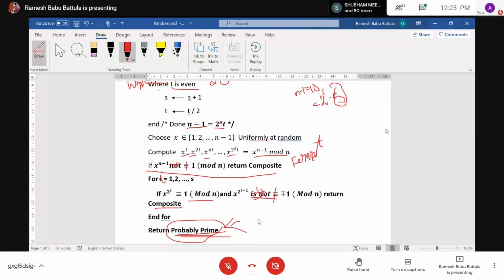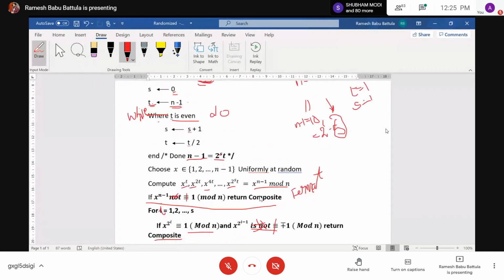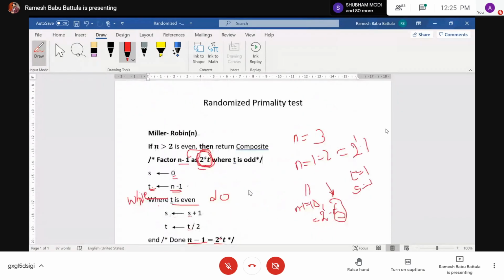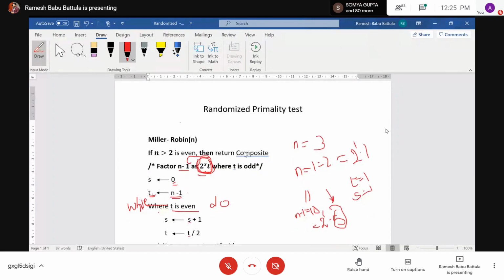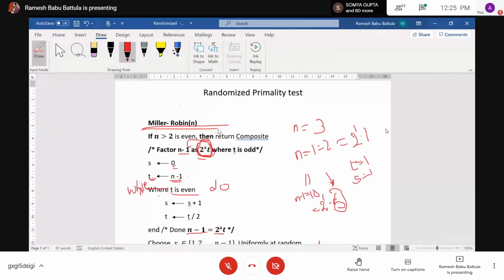Right now, whatever systems we have, like OpenSSL, SSL, or any public key cryptography, they generate prime numbers with the help of this Miller-Rabin algorithm only.